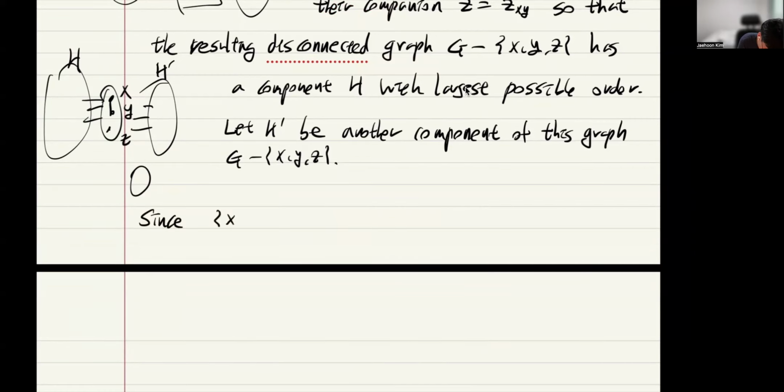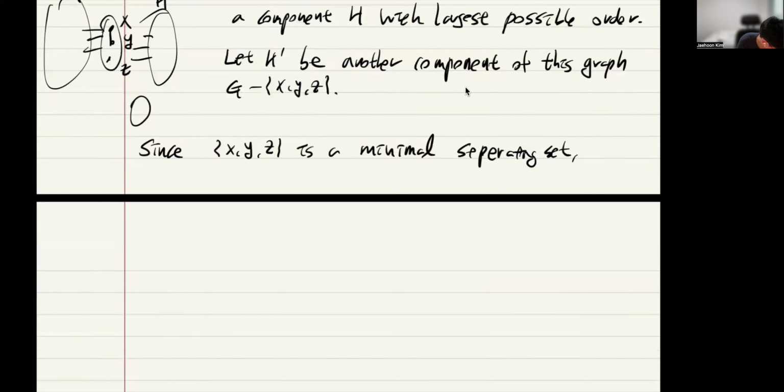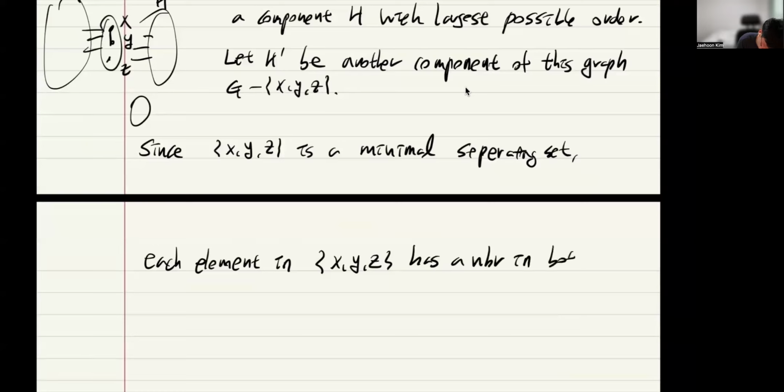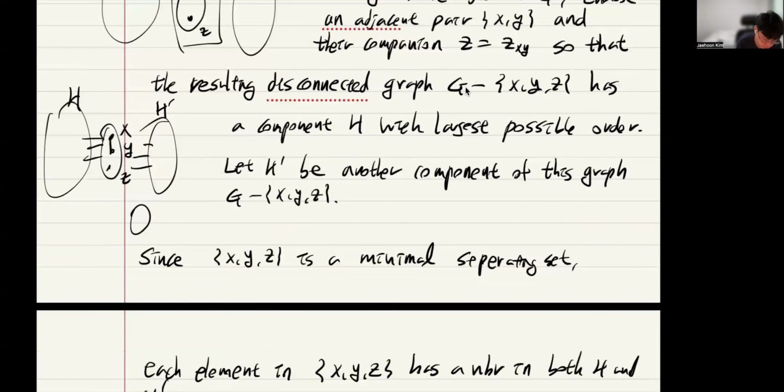This x, y, z is a minimal separating set because G is 3-connected. What do we know? That means each element in x, y, z has a neighbor in both H and H prime.